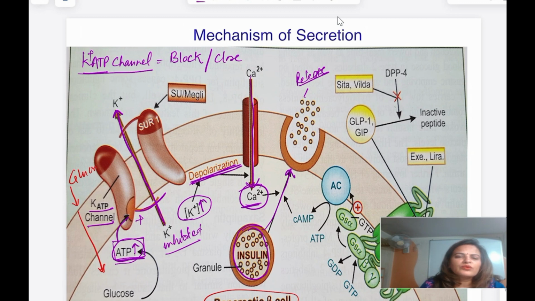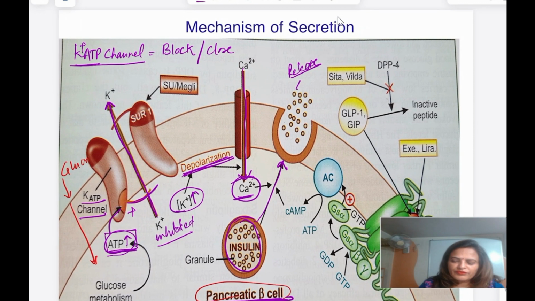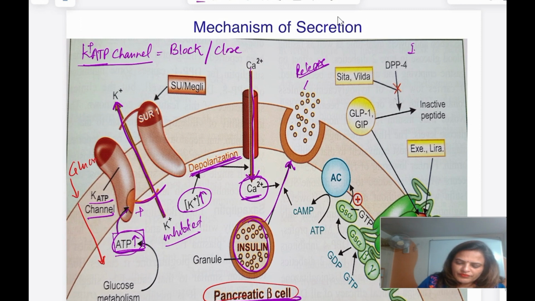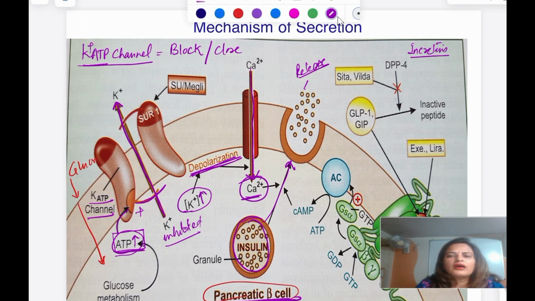Another way is, now this glucose you have taken orally. So whenever you take anything orally, this is going to cause the release of incretins. Now, what are incretins? Incretins are the gut hormones which are released in response to the food.